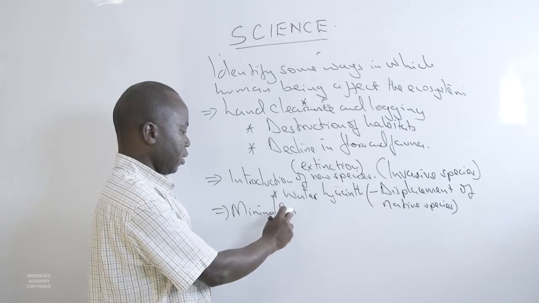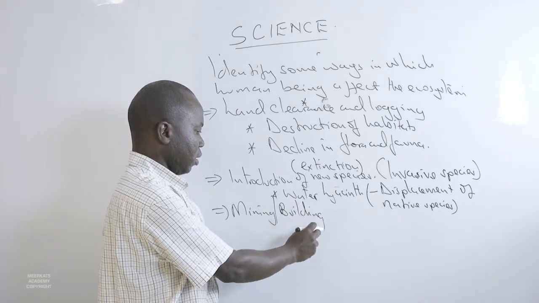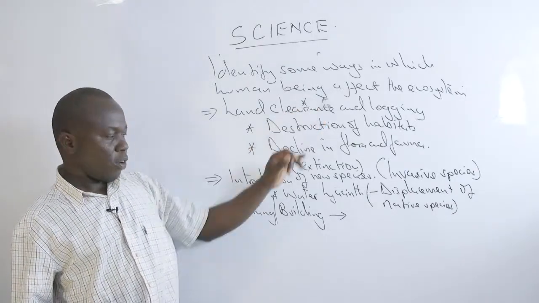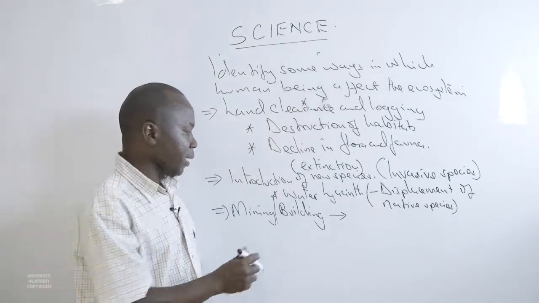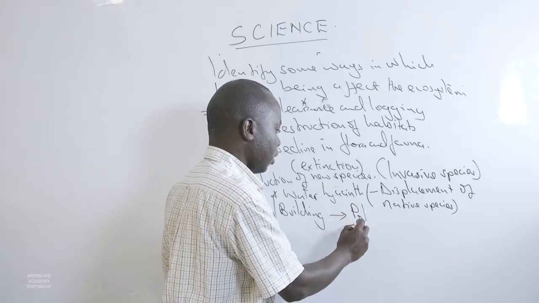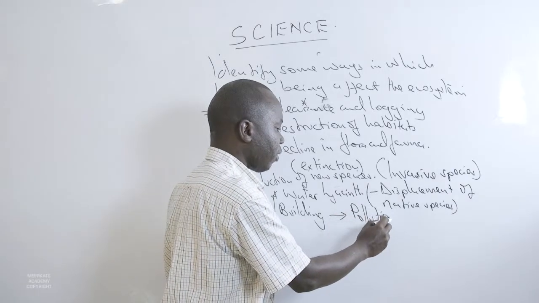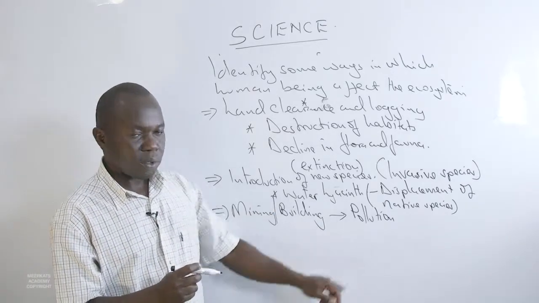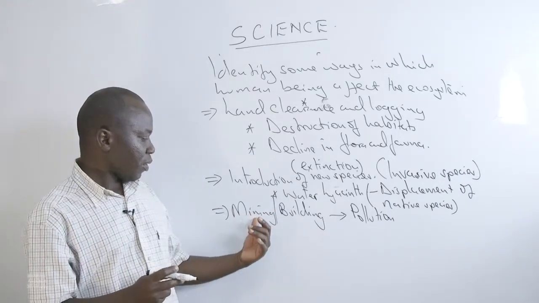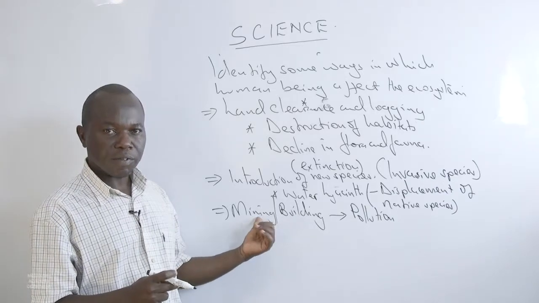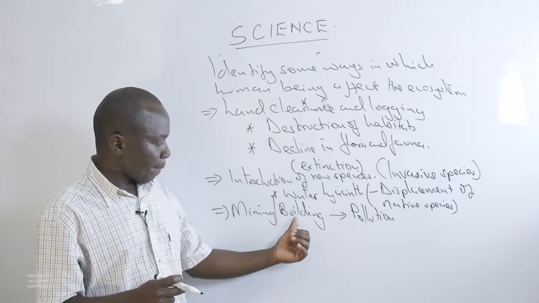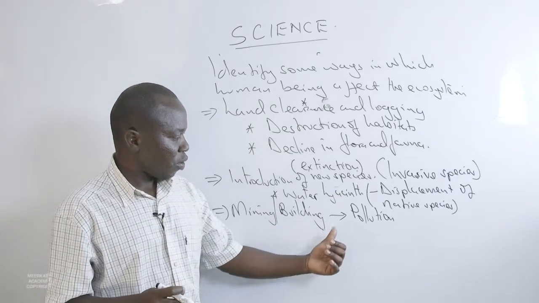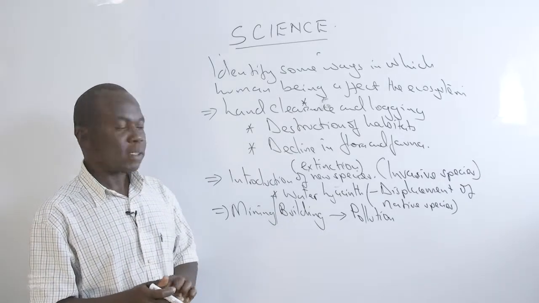Others include mining and building. Mining and building has nearly the same effect of land clearance, but it also comes with introduction of harmful substances in the ecosystem, what we call pollution. For instance, mining that is involving a lot of earth machine, there will be introduction of chemicals in that environment.